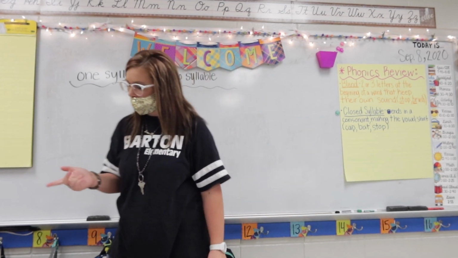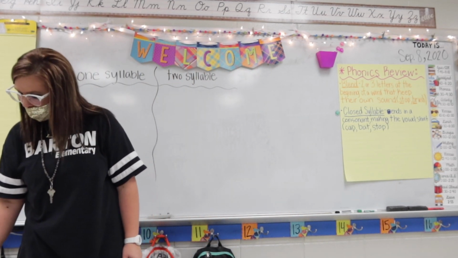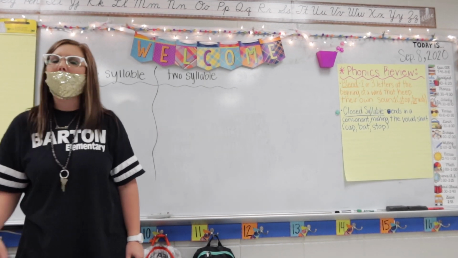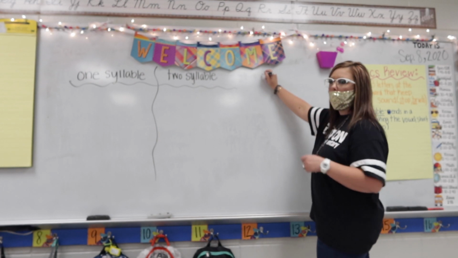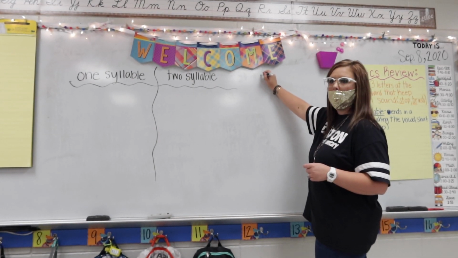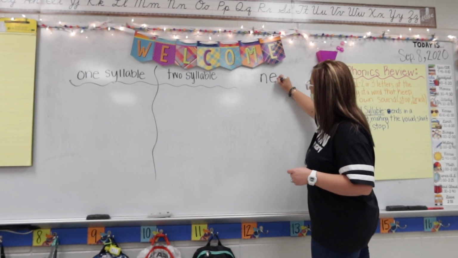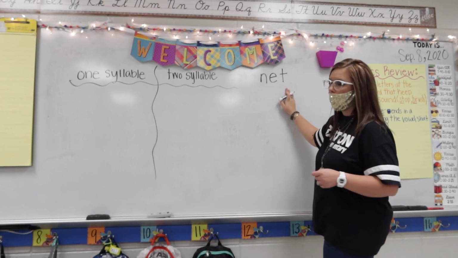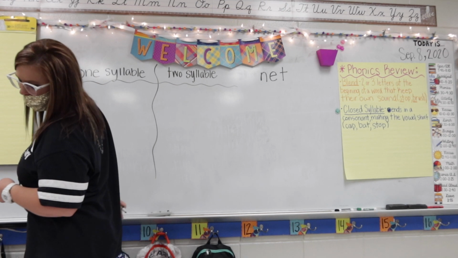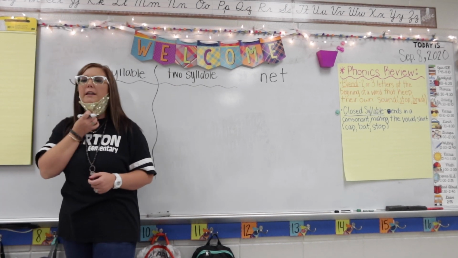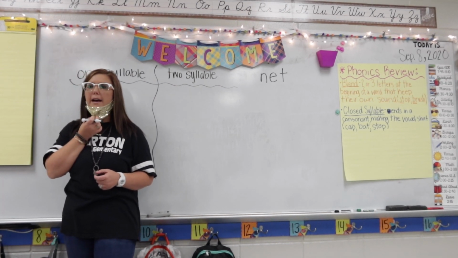Okay. Erase dish on your board and write the word net. Net. Easy. When we think of the word net, we hear net. Now what I want you to do is take away the T in net and make the word neck. Neck.